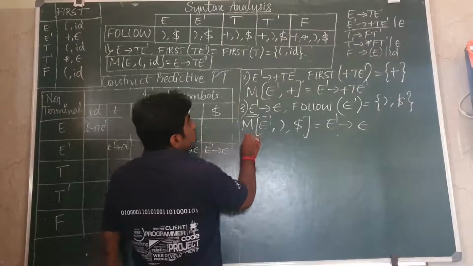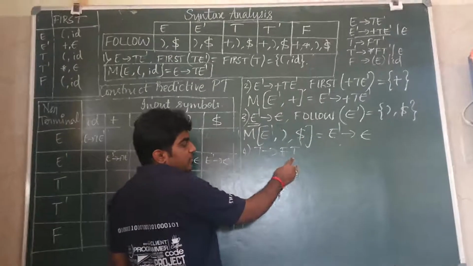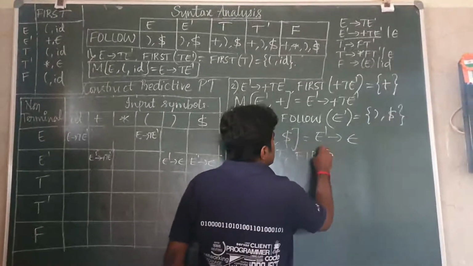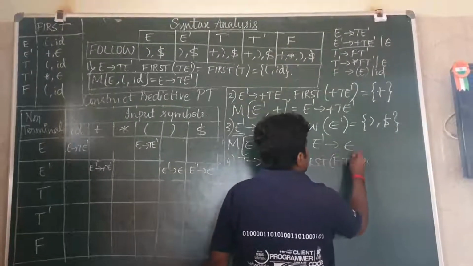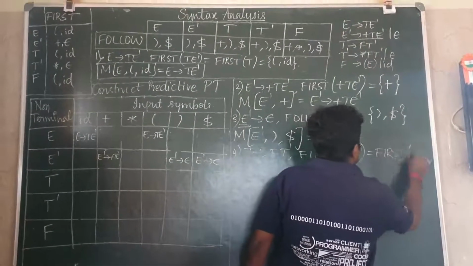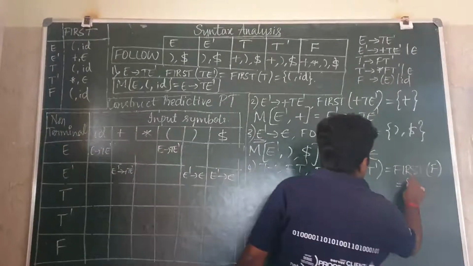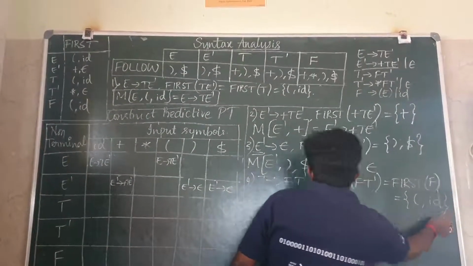Next, T tends to FT dash. Compare A tends to alpha. Alpha is not equal to epsilon. What do we have to calculate? First of FT dash, which is first of F. First of F we already have: opening bracket and ID. What is the meaning of this?